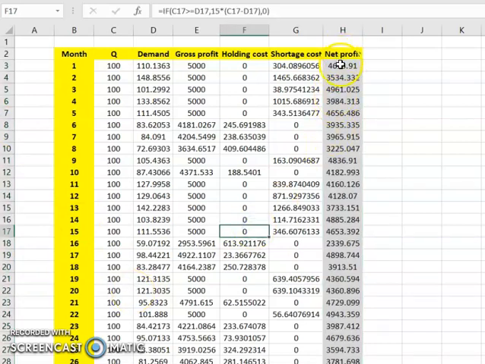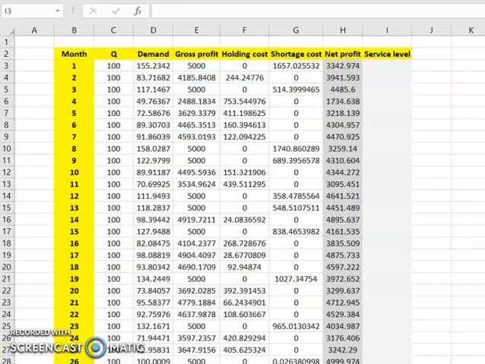And again, the formula that we used here, you can find it in this formula bar. That is gross profit minus holding cost minus shortage cost. Now we have the net profit column calculated.